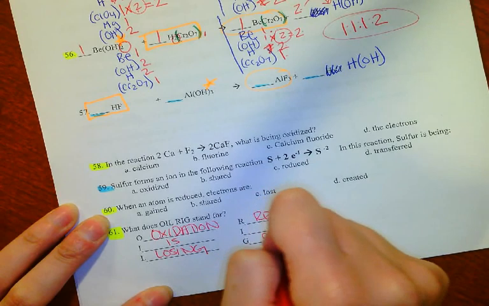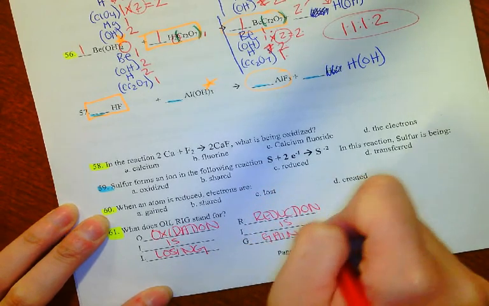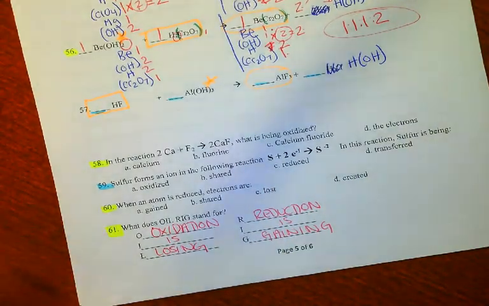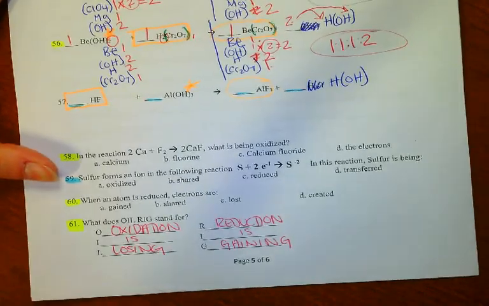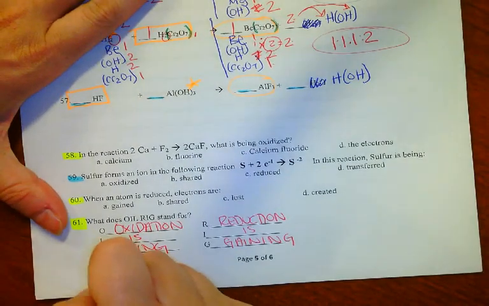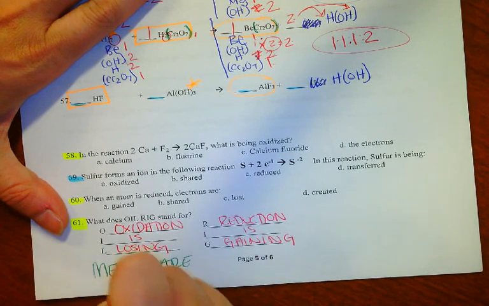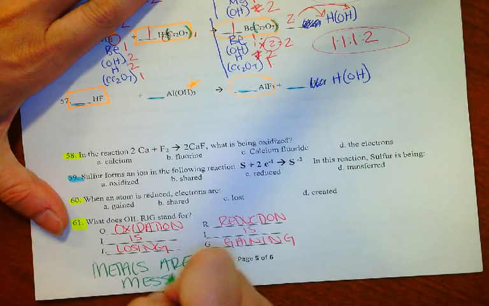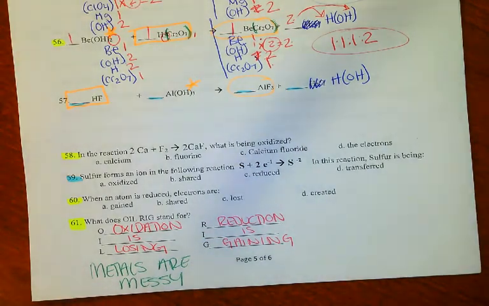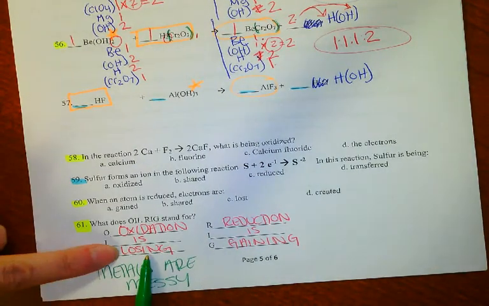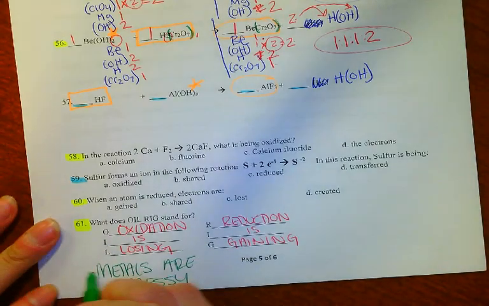Okay? I always taught my students metals are messy. Metals are messy, they lose their electrons. They like to be oxidized. So usually metals will be oxidized. Reduction is gaining.